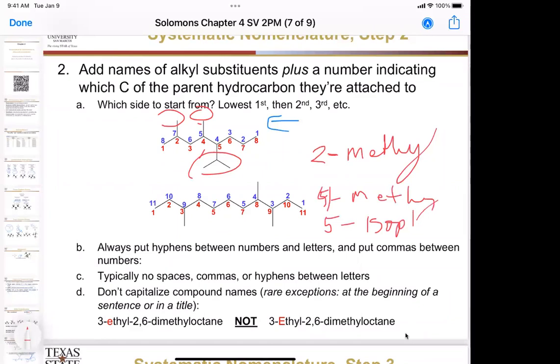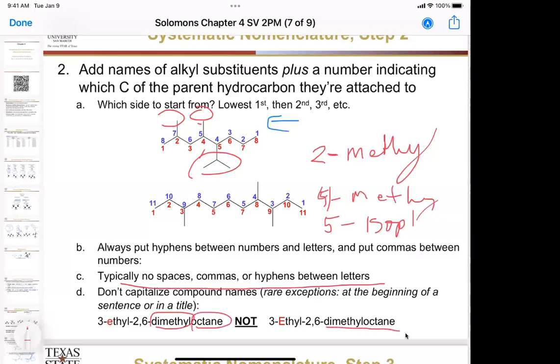Now, we can eventually add multiple of the same kind of substituent together. But the important thing here is we're not going to have any spaces, commas, or hyphens between letters. So you want the things to run together into single words.